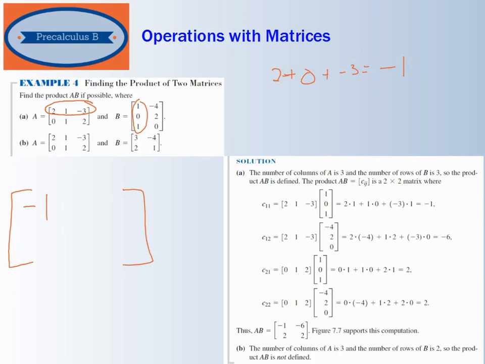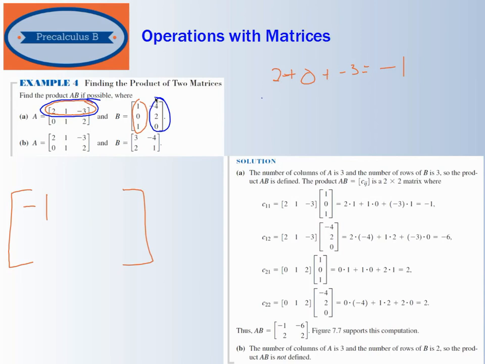Second, we're now going to multiply the first row again times the second column. That'll give me what's in position 1, 2. You can think about it this way: first row, first column gives me position 1, 1. First row times second column gives me position 1, 2.